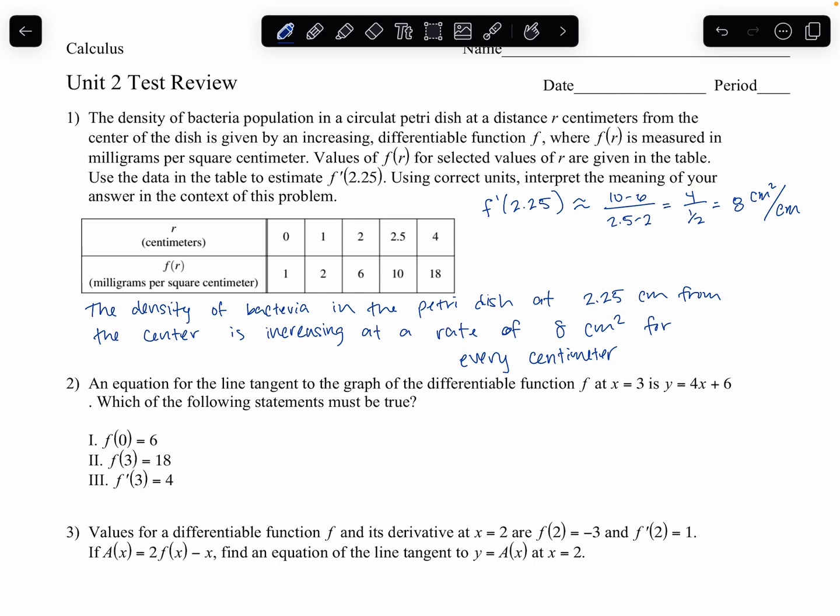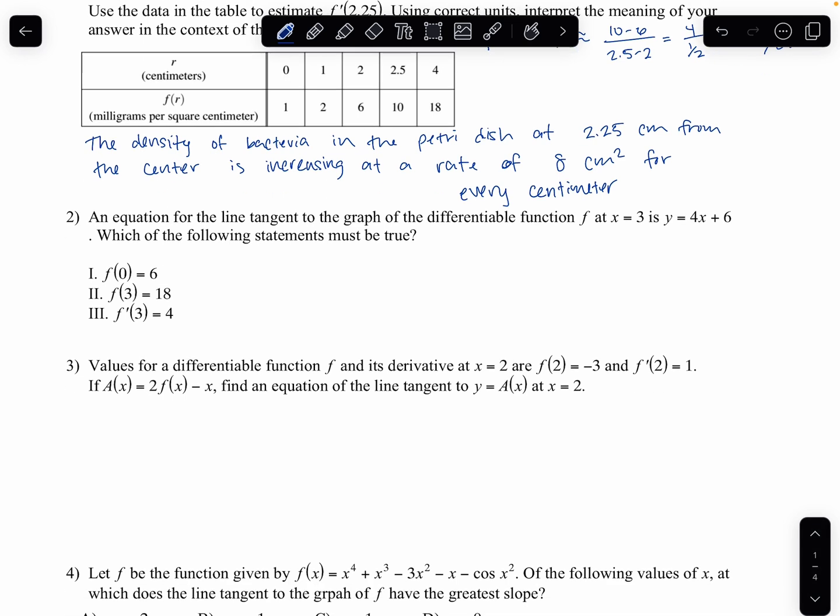Let's keep going. Question 2. An equation for the line tangent to the graph of a differentiable function f at x equals 3 is given. So this is a tangent line to the graph of f at x equals 3. Which of the following statements is true?